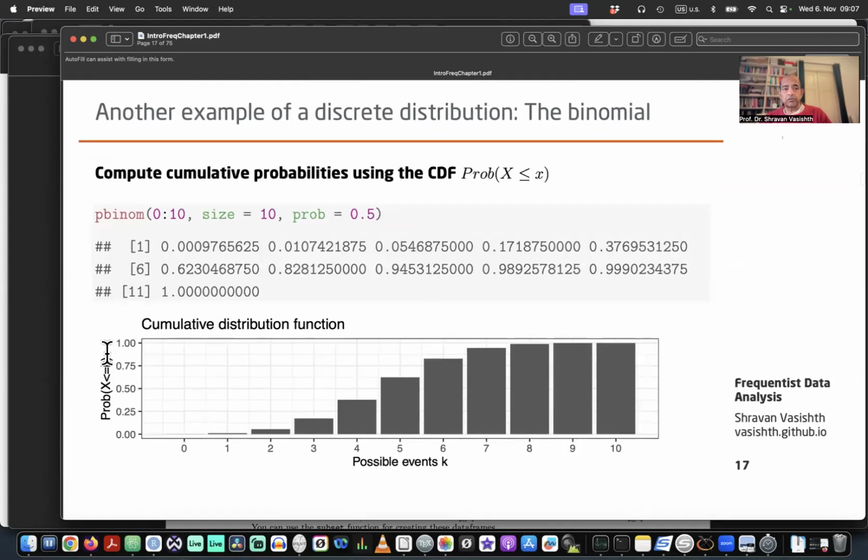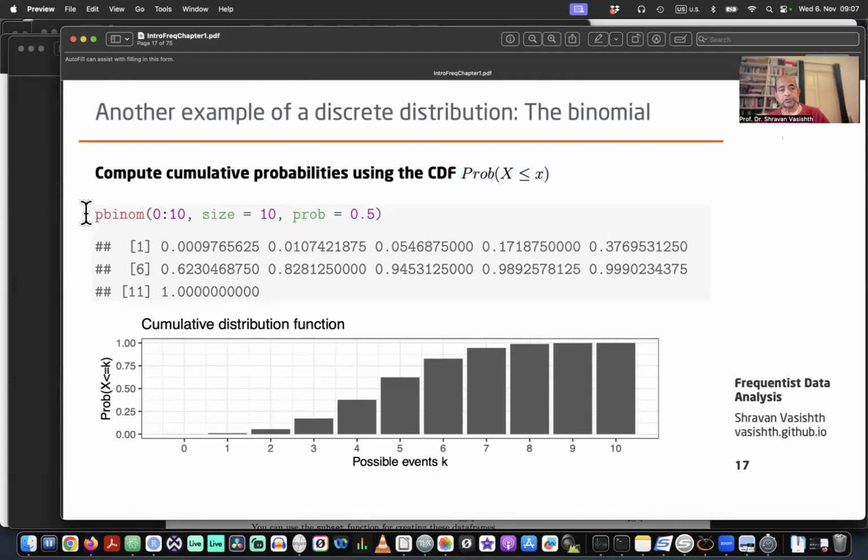Now, that was the dbinom function, which gives me the probability of every possible thing that can happen. We can also compute the cumulative probability using the cumulative distribution function. So I can ask a question like, what's the probability of observing 0 or less than 0 successes, 1 or less than 1 successes, 2 or less than 2 successes?